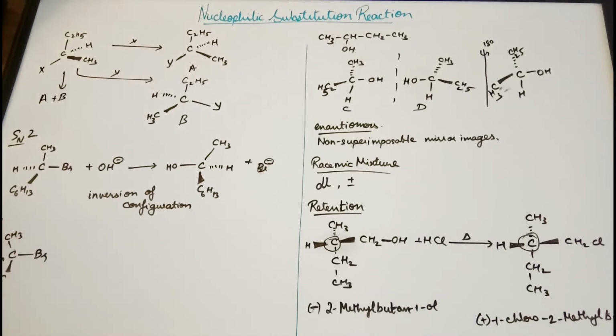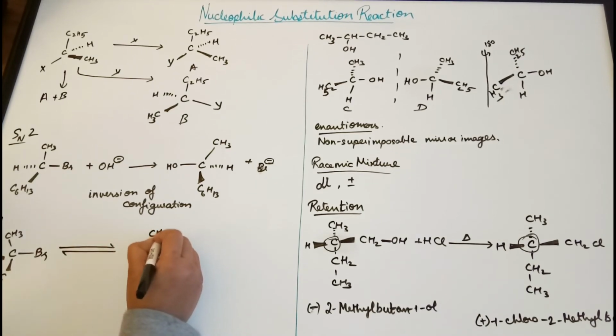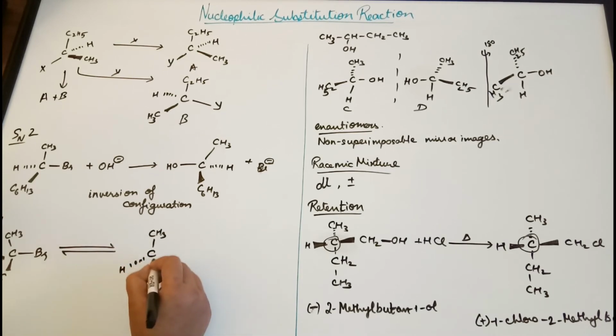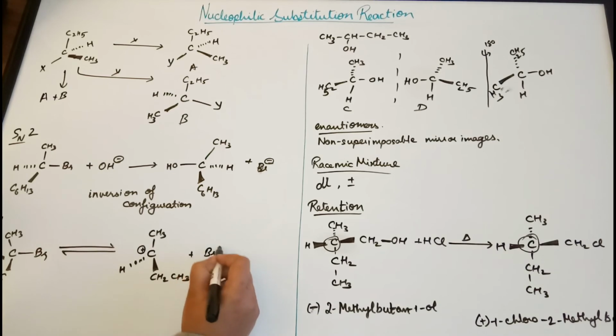This is an asymmetric carbon because it has 4 different groups attached to it. The first step is the slow step, which leads to the formation of the carbocation. So CH3, this hydrogen, and a CH2CH3, and this carbon has a positive charge, plus bromine negative charge.